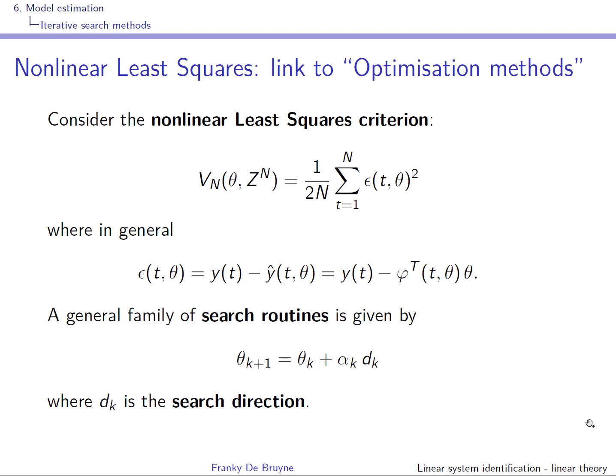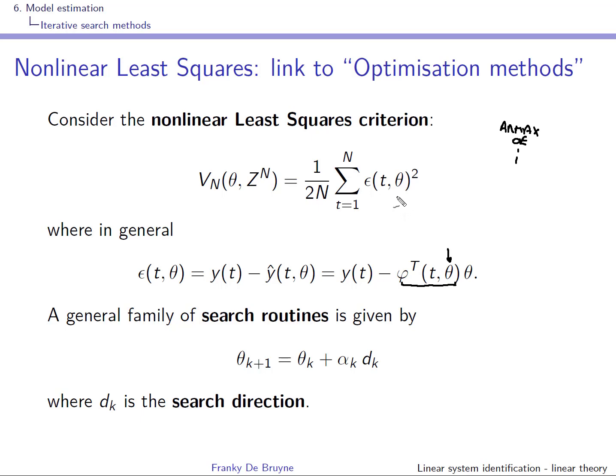Well, we have seen that for model structures other than ARX, so for instance ARMAX, output error, and so on, the regressor is theta dependent, right? So the prediction is no longer nicely linear in theta because of this theta dependence of the regressor.